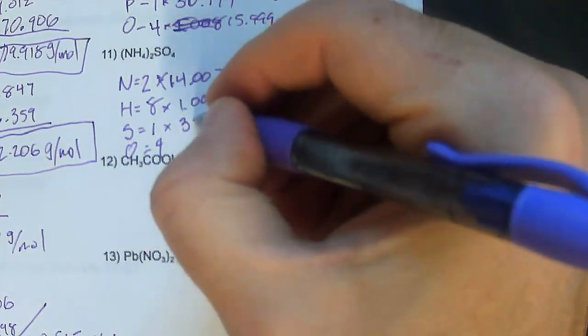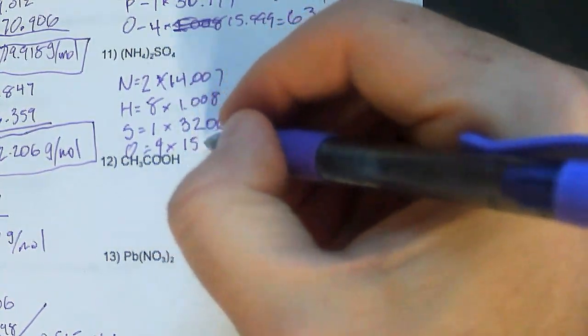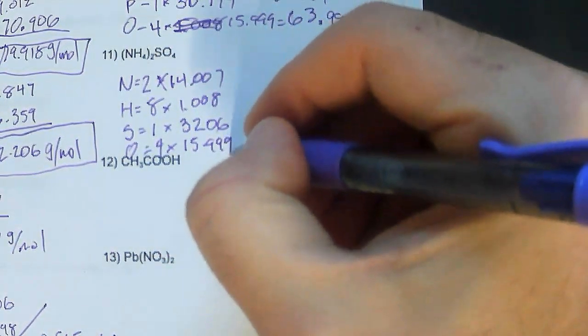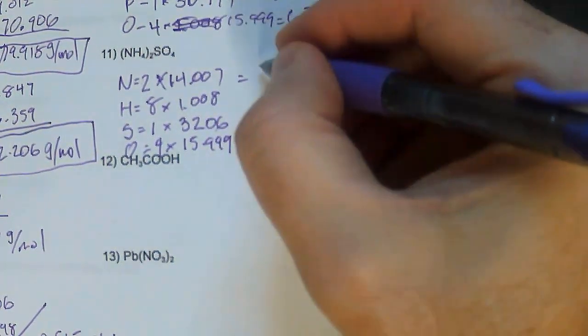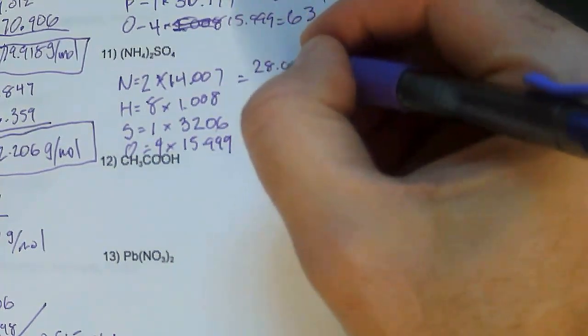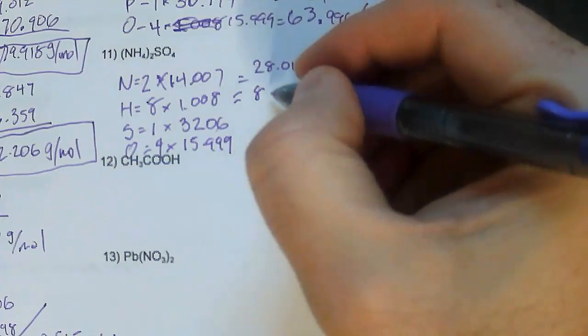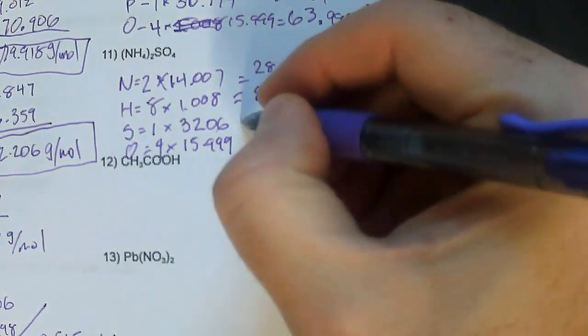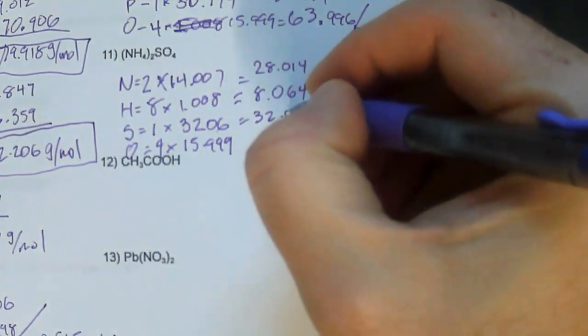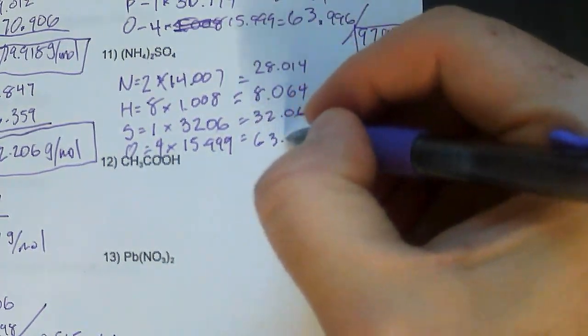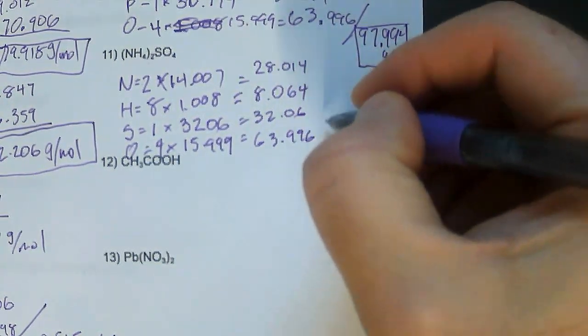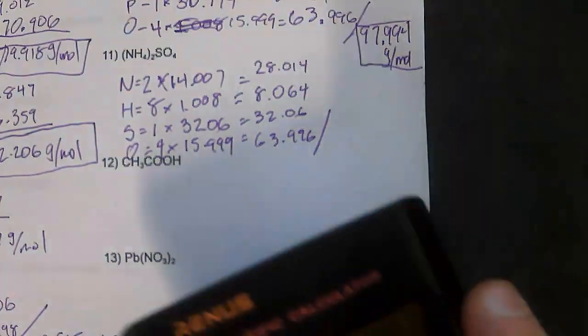Okay, S is 32.06, and O is 15.999. Okay, so we multiply these. This is 28.014. This is 8.064. This is 32.06. And this we just did is 63.996.